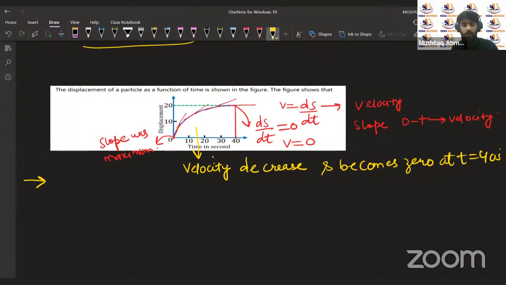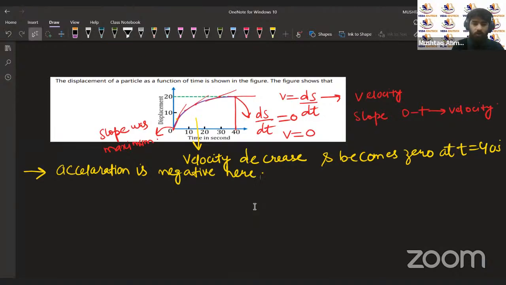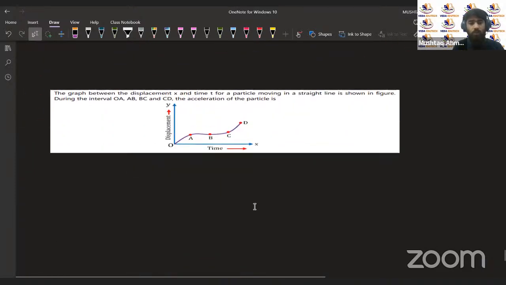It's a retardation, so we can say that acceleration is negative, because the velocity here is continuously decreasing and it becomes 0 at time t equal to 40 seconds. So the two conclusions are: velocity is decreasing continuously and becomes 0 at t equal to 40 seconds, and acceleration is negative here. So that's the conclusion.